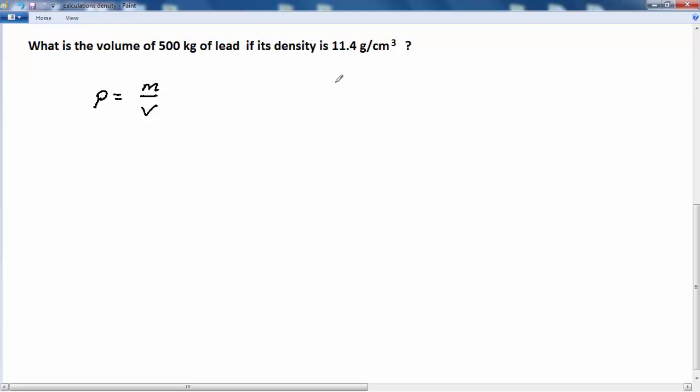So we remember that when we convert grams per cubic centimetre into kilograms per metre cubed, then we need to multiply the figure by 1,000. Okay, so whatever figure goes in here for grams per cubic centimetre, we multiply that by 1,000, and that gives us the density in kilograms per metre cubed.